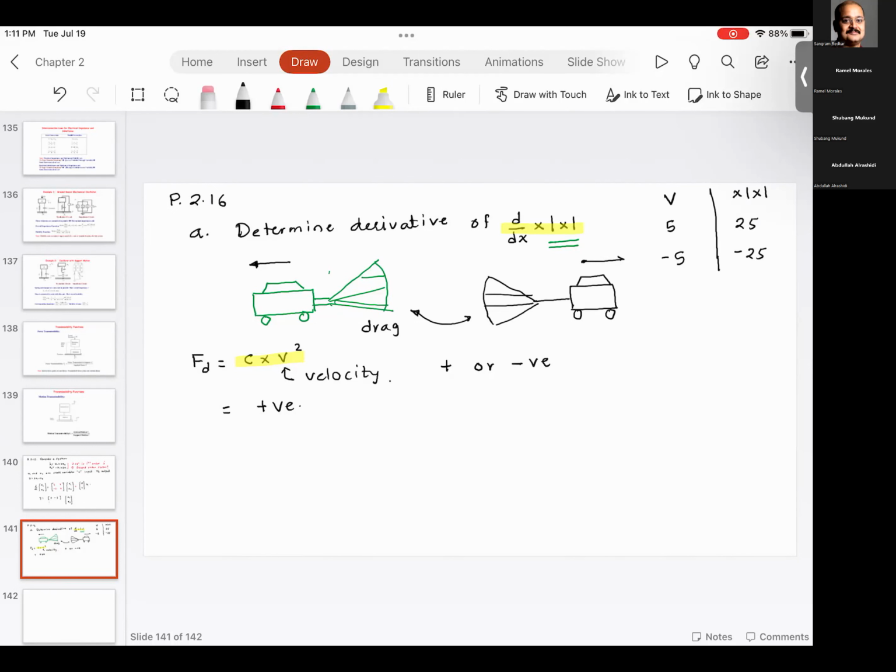In one of the problems that we are going to solve, we will have this type of function. Nothing serious, you just have to use the chain rule.